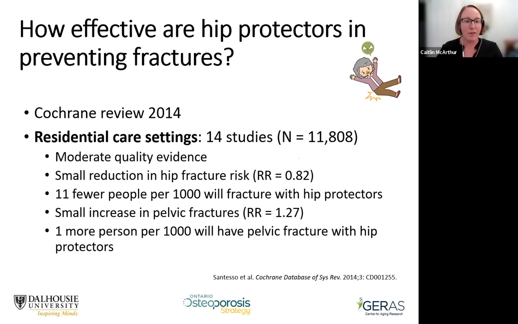But we do have some systematic reviews that describe how effective hip protectors are at preventing fractures. There was a Cochrane review done in 2014. It hasn't been updated as of yet, but it looked at the effectiveness of hip protectors in preventing fractures in different settings.